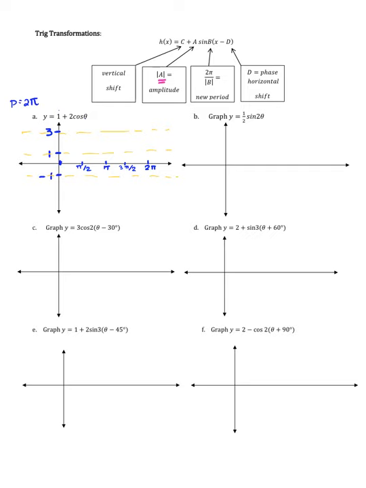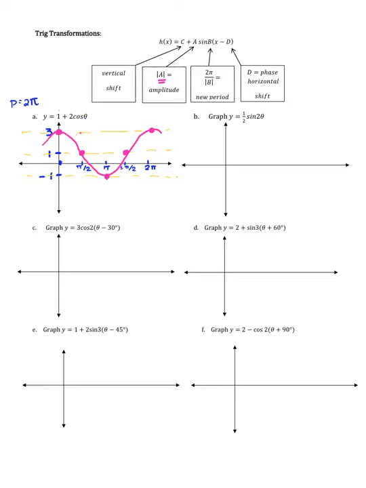And because this is cosine, we are going to start high, then sinusoidal, low, sinusoidal, high, and draw the graph. All right, so if you can really get those 5 points down, everything else will just kind of connect the dots.